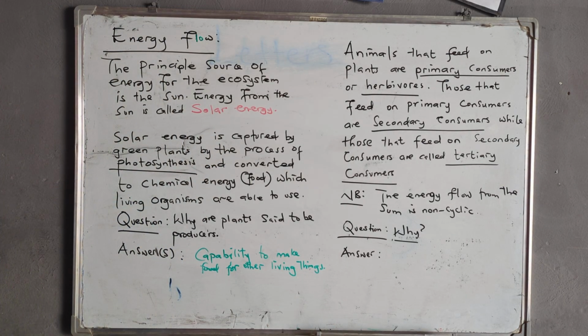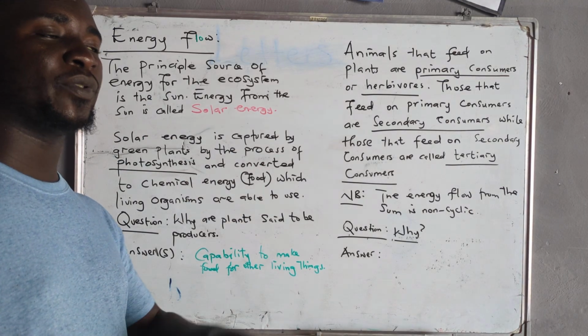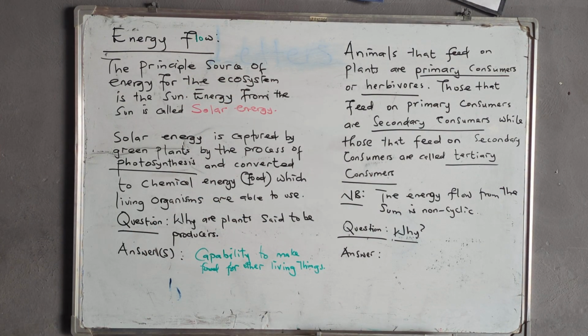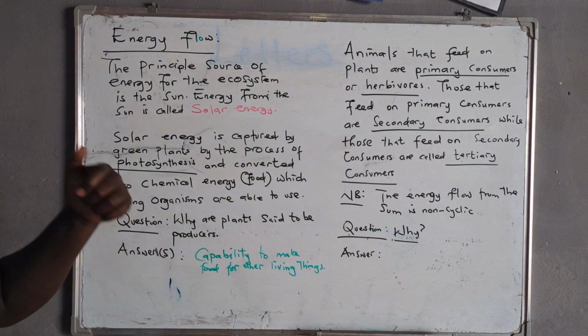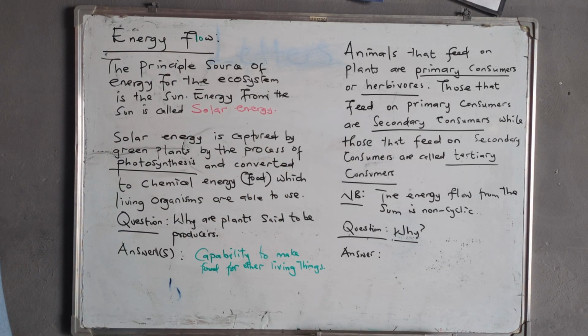Looking at its potential, the plant has the potential to get energy from the sun, and then produce food in form of chemical energy that other living organisms are able to use. So that's why it's called the producer.